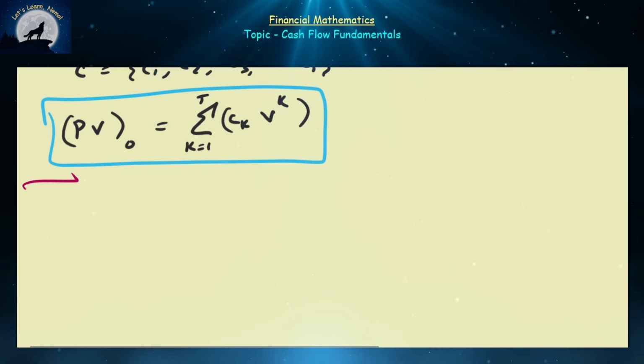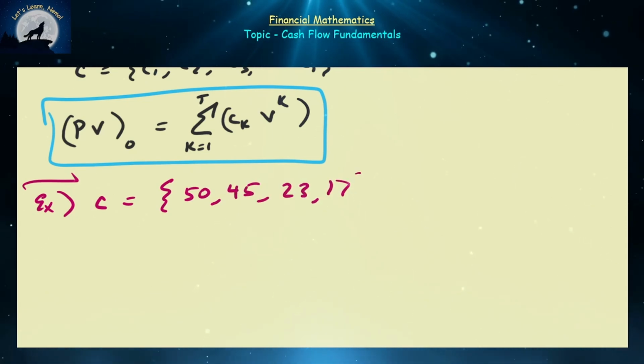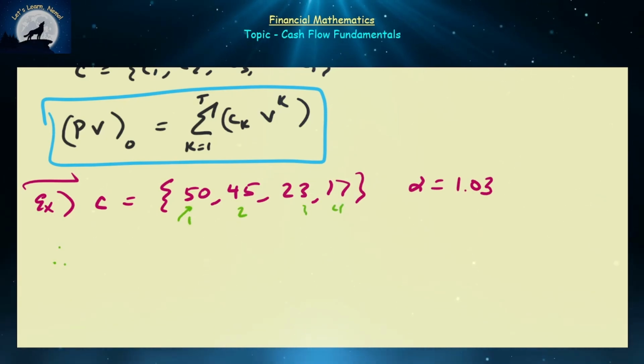So let's go back to our example of our cash flows. C is equal to 50, 45, 23, and 17. And let's again assume that alpha is equal to 1.3. So what is the present value? Let's assume that t is equal to 1, 2, 3, and 4.